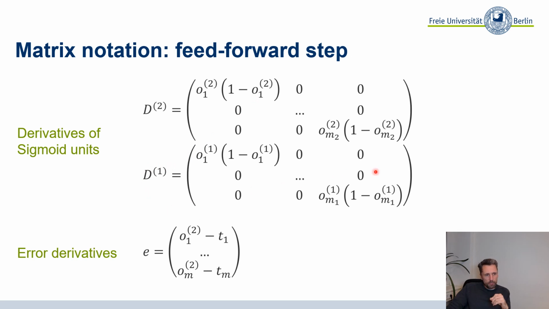And for the hidden layer as well, and we have M2 many in the output layer and M1 many in the hidden layer. The errors, or the derivatives of the quadratic errors, are also stored in a vector called E.